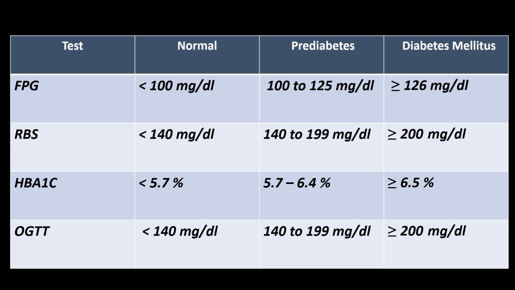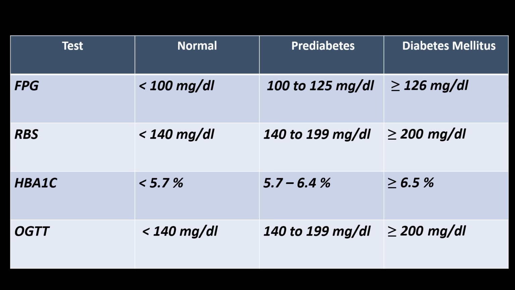If the HbA1c is less than 5.7, it's normal. If it's between 5.7 and 6.4, it's pre-diabetic. If it is 6.5 or above, that is the cutoff value for diagnosis of diabetes. For the oral glucose tolerance test, if the 2-hour blood glucose after 75 grams of oral glucose is less than 140, it's normal.